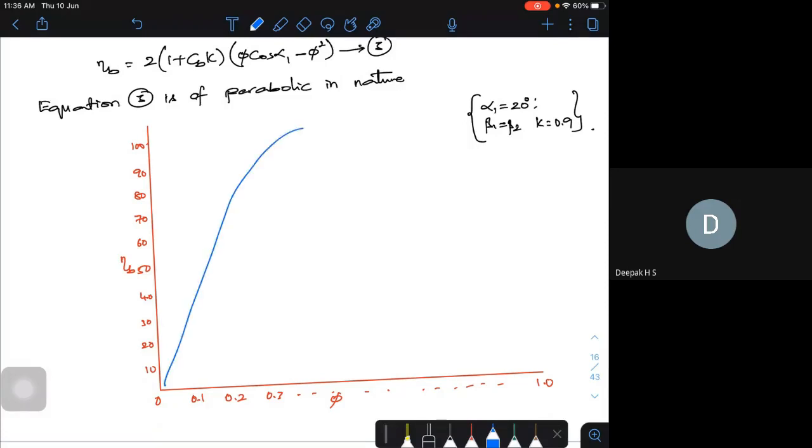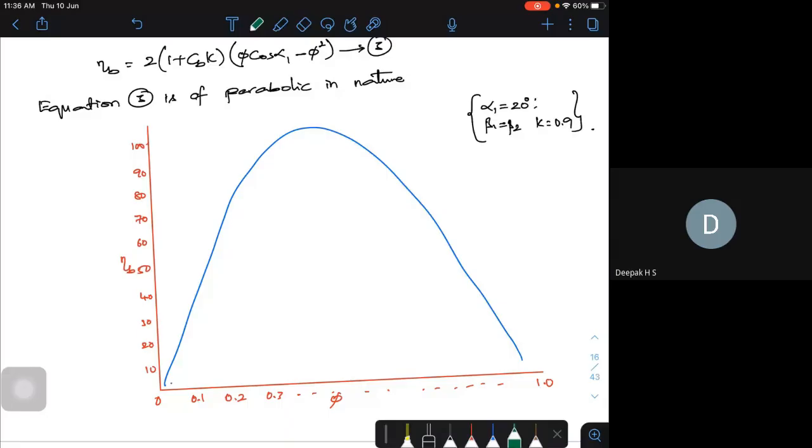This is for one particular condition. Maybe I may be getting a similar curve for another condition.